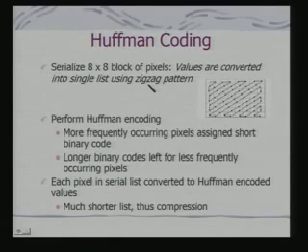Then we do Huffman coding. For Huffman coding, what do you do? Serialize the 8 cross 8 block of pixels. Values are converted into a single list using a zigzag pattern. In fact, the values are read in this pattern. Why is it done in this way?